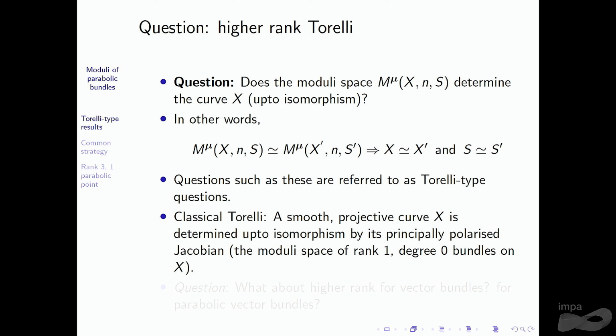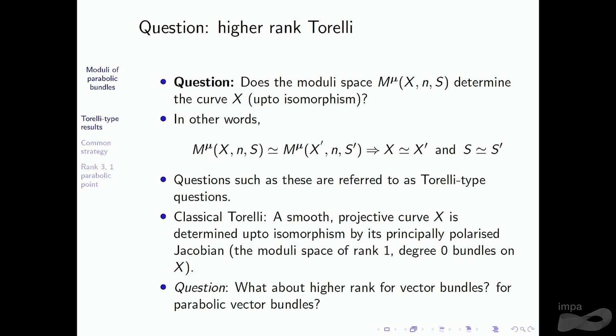Forget about the principal polarization part for now, but what you mean by the Jacobian, as always, is the degree 0 line bundles. So that's already a moduli space. So Torelli started this question: we have the moduli space of, let's say, rank 1, degree 0 line bundles, and actually you can retrieve the curve from that. Then people started asking whether the same can be said in higher rank. Yes, why just rank 1?